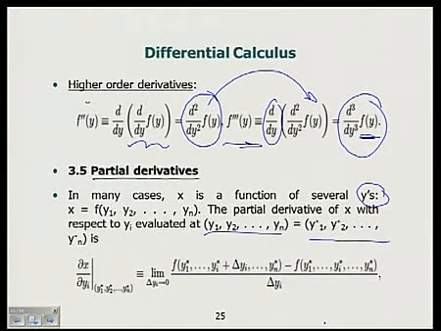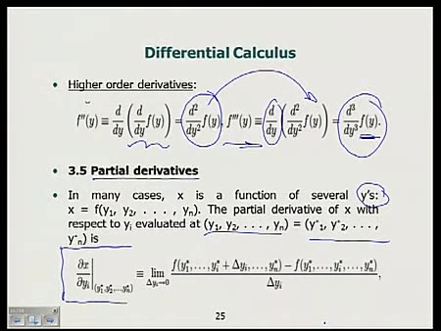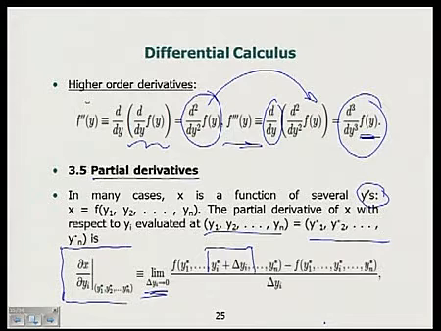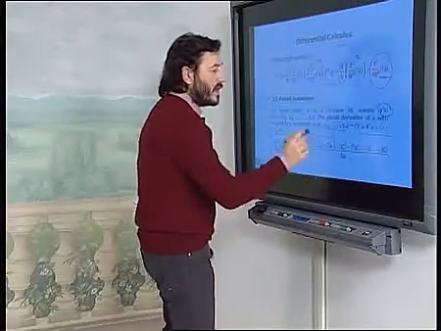And then we can always build the definition. This is the definition: the partial derivative of x with respect to the ith variable is, if it exists, the limit as delta yi approaches 0 of f(y1 star, ..., yi star plus the increment, ..., yn star) minus f at the starting point, over the increment of the variable delta yi.